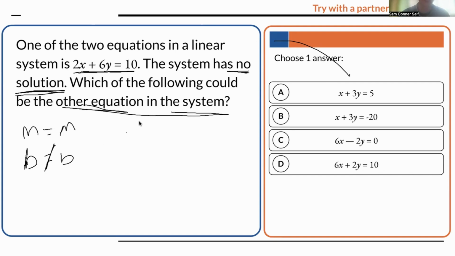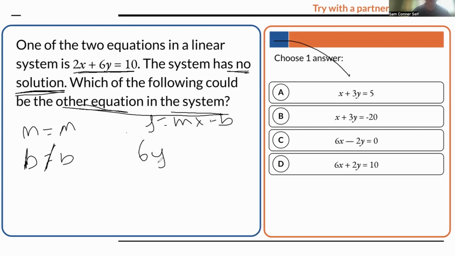You guys are probably most used to seeing y equals mx plus b, which from this form, it's easy to look and see if the slopes are the same and if the y-intercepts are the same. But in this form, it looks a little bit different, obviously. So you can rewrite it.